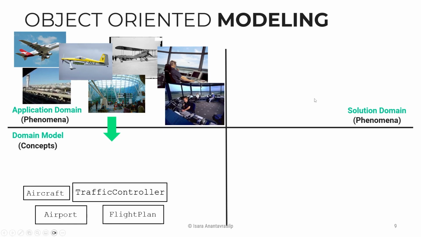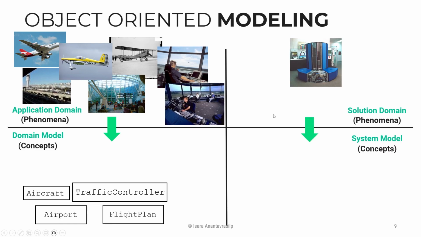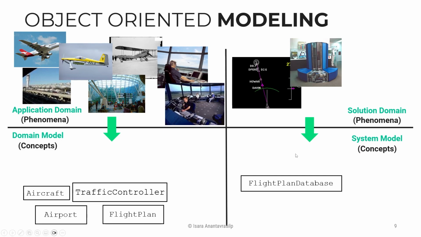Now on the right hand side, let's discuss this solution domain. All right. So in solution domain, what can we have? We could have a computer, okay, which we know that it could store data. So we model them as the flight plan database, okay. And we could have the map view of the navigation or flight plan. All right.